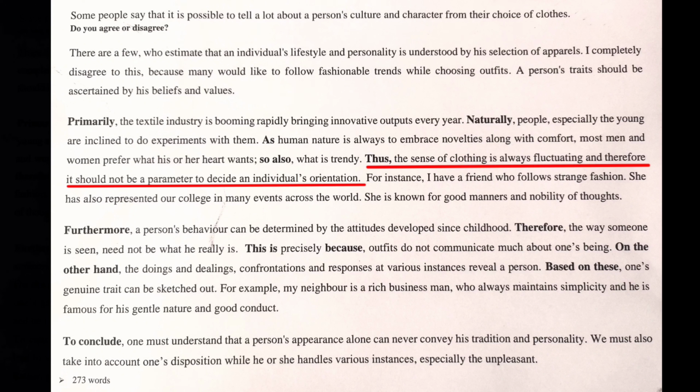And therefore, because of that reason, it should not be a parameter to decide an individual's orientation because the trends are fluctuating, the clothing style is changing. We cannot take it as a parameter, means criterion, or a factor to decide, or assess an individual.